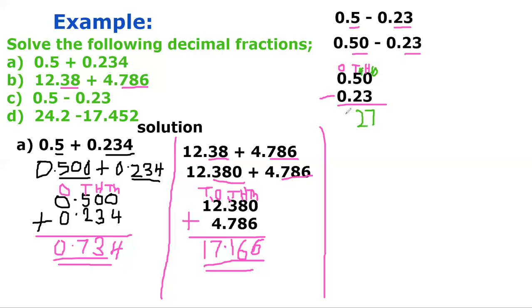Then make sure that the point will be in line. That is why you are using the vertical form. Then you subtract the 0 from 0, you get 0. Okay, good. So now our answer here is 0.27. Okay, good.